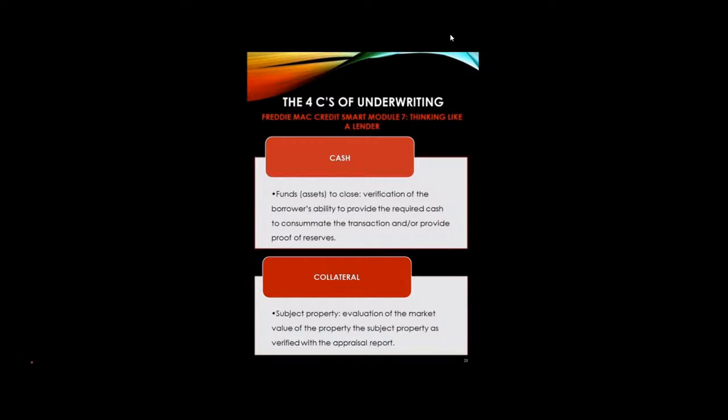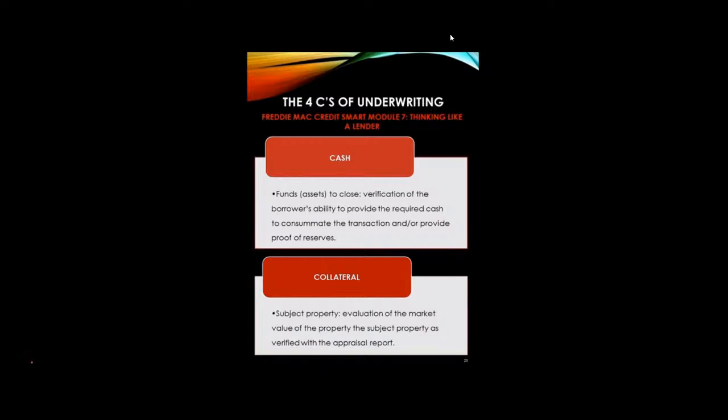So if they're telling us they're going to put $50,000 down, we need to make sure they have $50,000 somewhere in their bank statement, savings account, IRA, money market account, any accounts that they could have cash in if they need to pull out funds there to close. That's what we need.